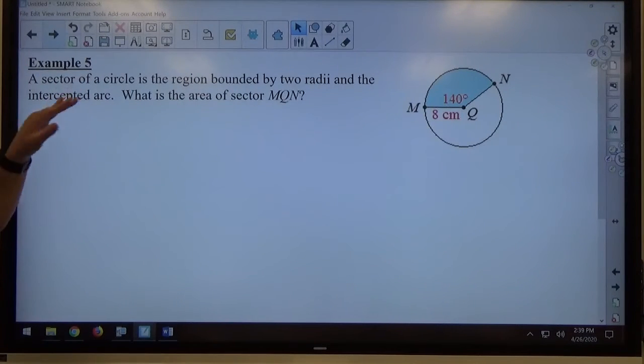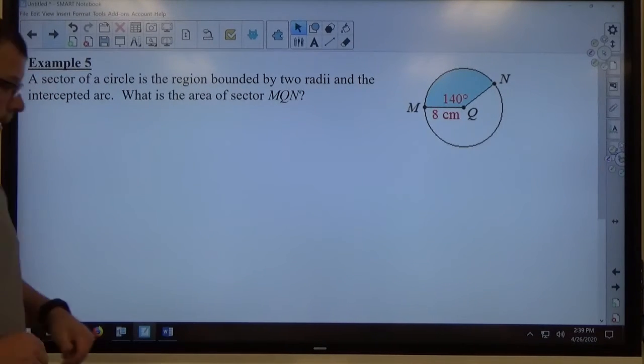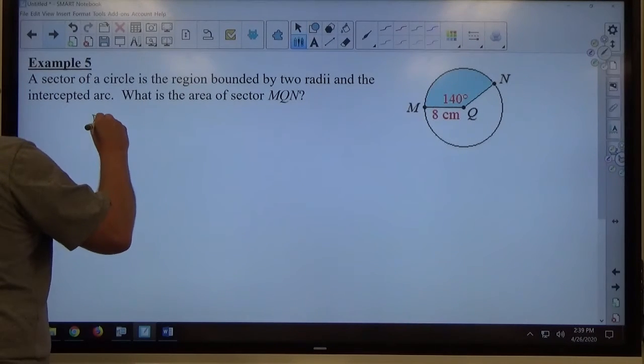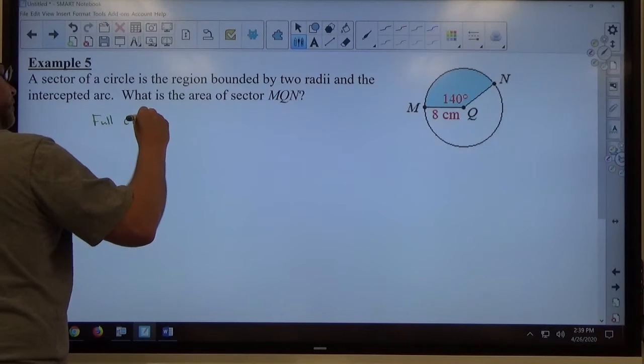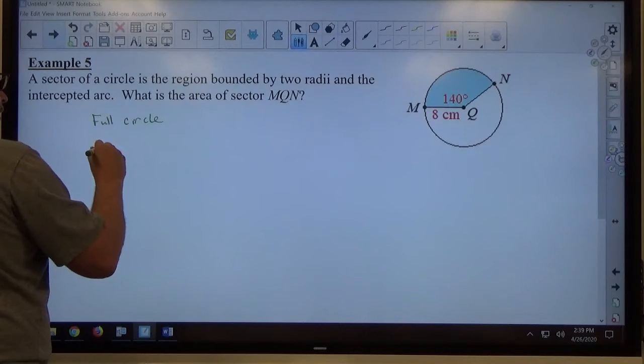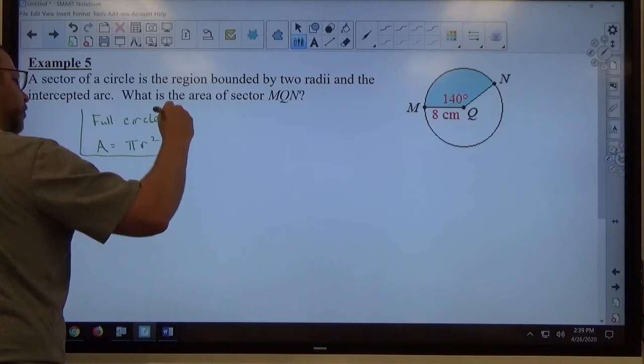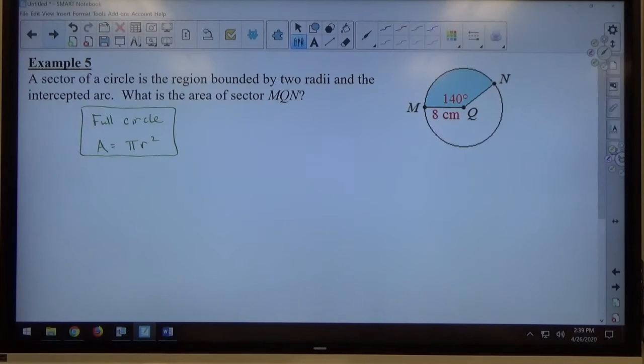And it wants to know the area of the sector MQN. Well, if we go to a full circle formula, the area is defined as pi times the radius squared. That's a full circle. Okay, we only have part of a circle.